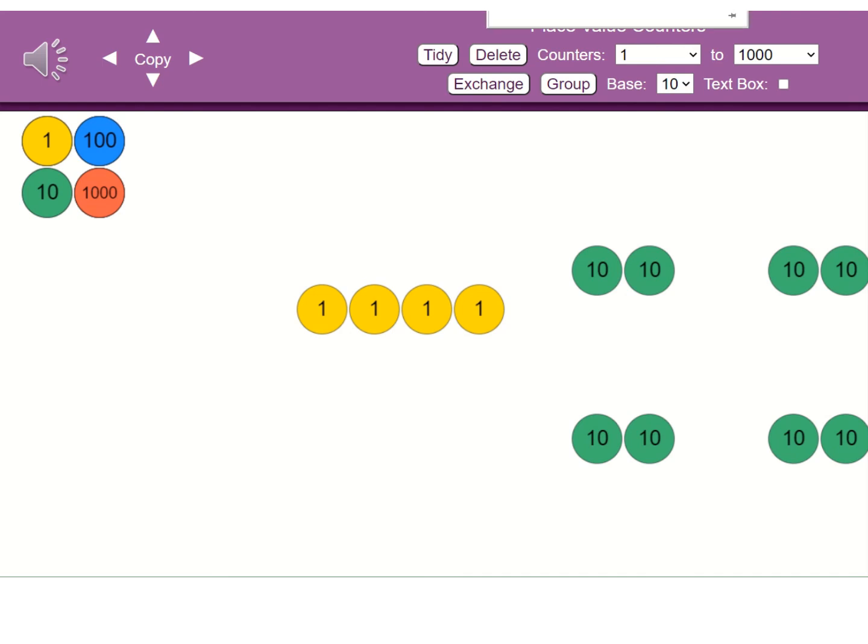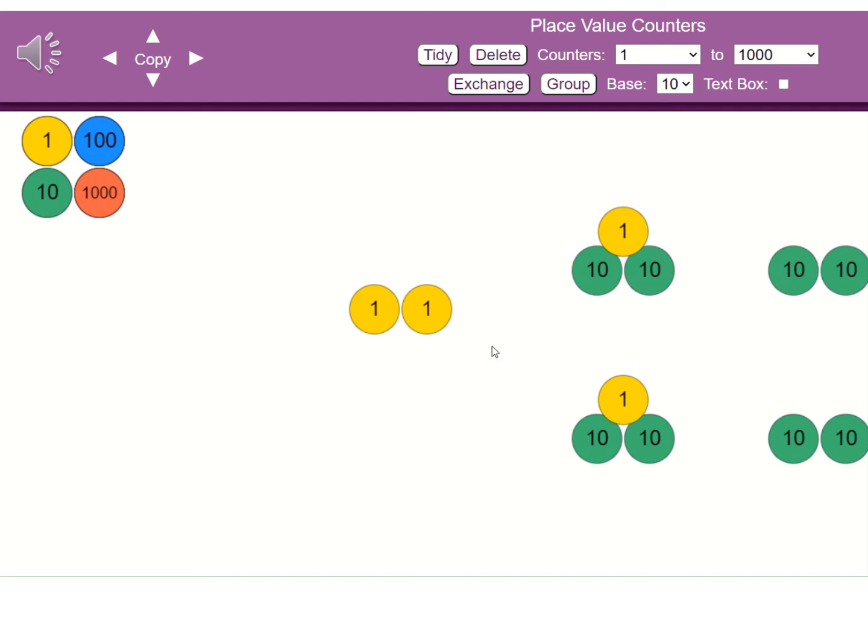Next, we have to divide the tens into 4 equal groups. This leaves us with our 4 ones, which we share equally amongst the 4 groups.